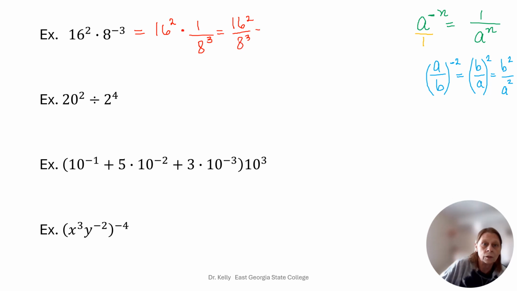I'm going to do this using prime factors here, and I'm going to make it as easy as possible. Maybe I don't prime factor it all the way out, but 16 is 8 times 2 squared over 8 cubed here. So let's see what that gives us.